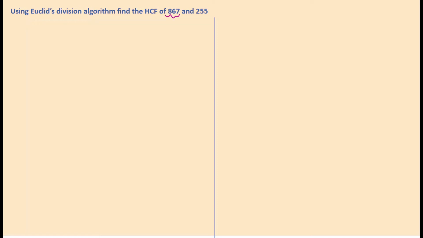Since 867 is greater than 255, we choose 867 as A and 255 as B. So A equals 867 and B equals 255. Since A is greater than B, we divide A by B, that is 867 by 255.